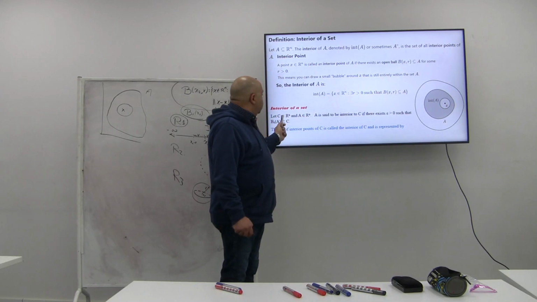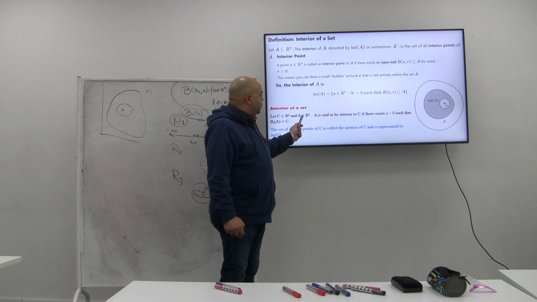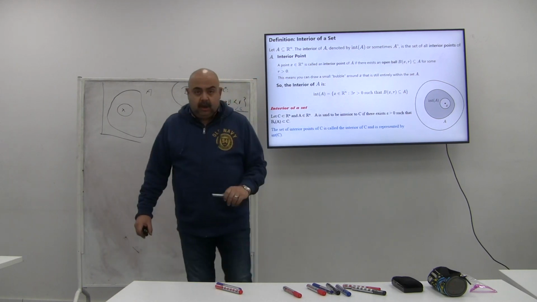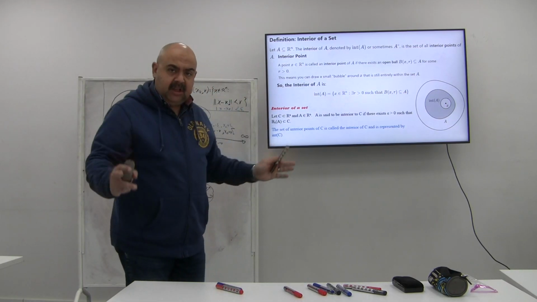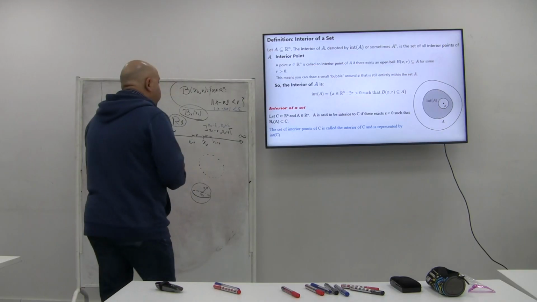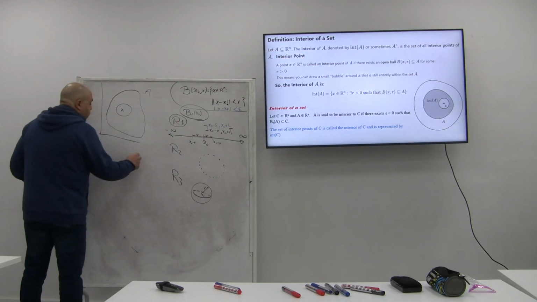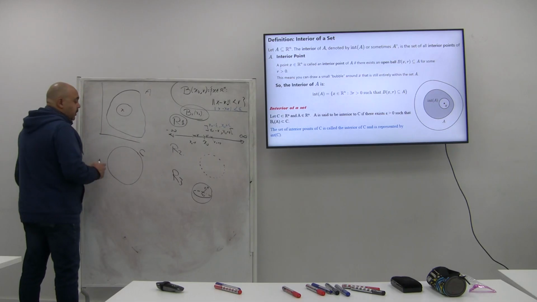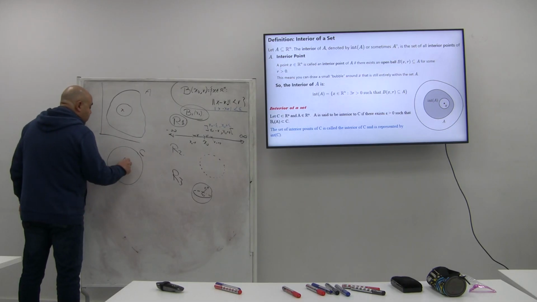So let A be a subset of Rn. A is said to be interior to C, where C is the bigger set, or the main set, and A is the smaller one.